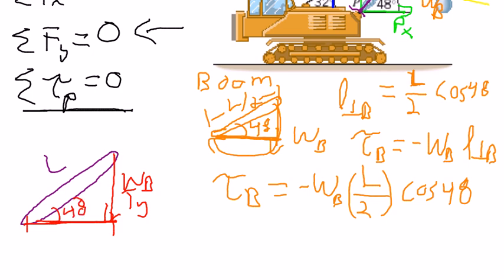Because this is a 48-degree angle, my L perpendicular for both Ty and the wrecking ball is equal to L multiplied by the cosine of 48. And then the perpendicular distance to Tx, so Tx is here, is going to be this distance here.